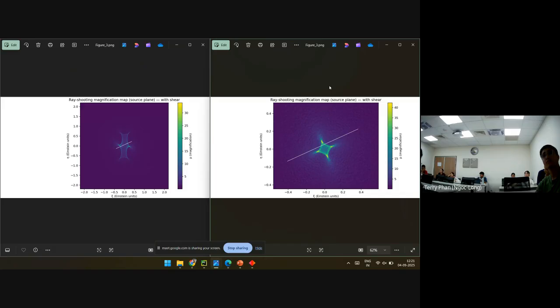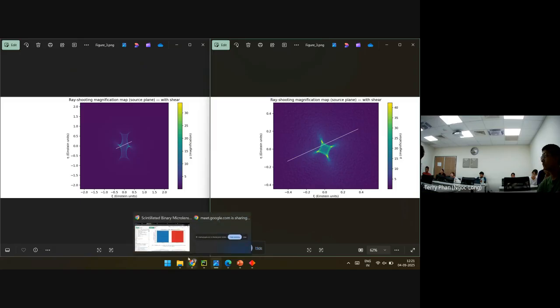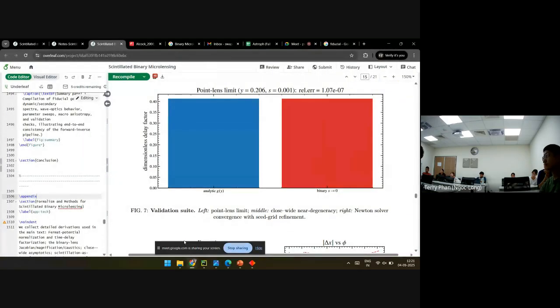In the equation which we are using, if the value of S is 0, then those two masses will coincide, so we'll get a single mass. All the results which we should get for a single mass are exactly the same for the binary. So it will act as a validation.